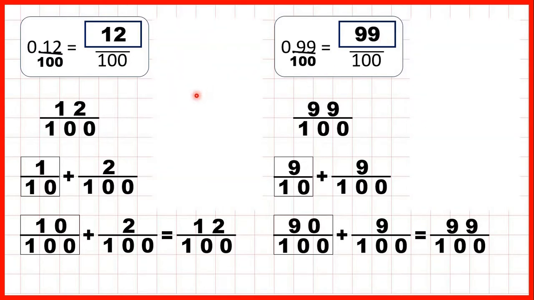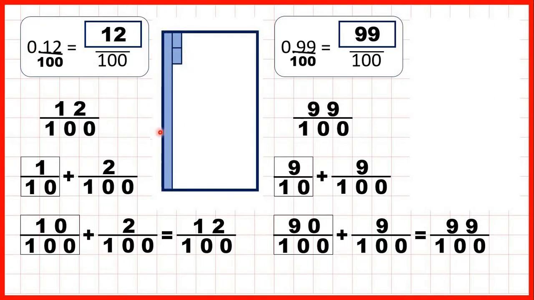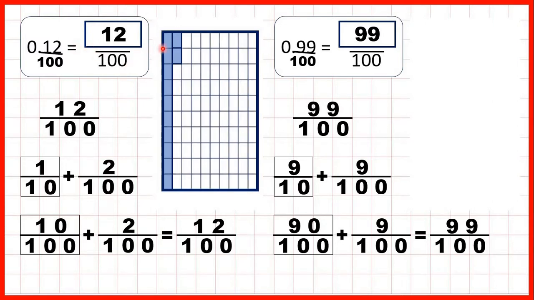To make it clear what's happening, we can show 0.12 as 1/10 and 2 hundredths. But if we want to show that as a fraction with a denominator of 100, we can split our fraction bar into 100 pieces, and we can see that we have 12 pieces, because the 1/10 is the same as 10 hundredths.